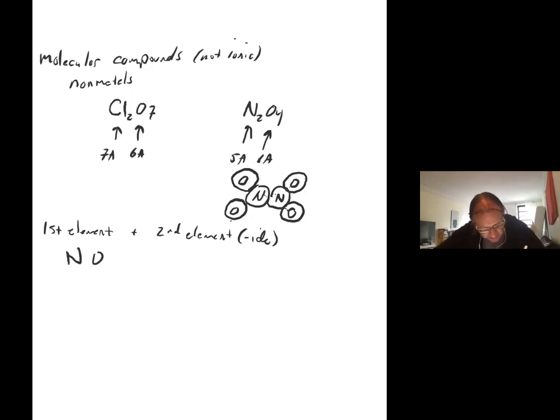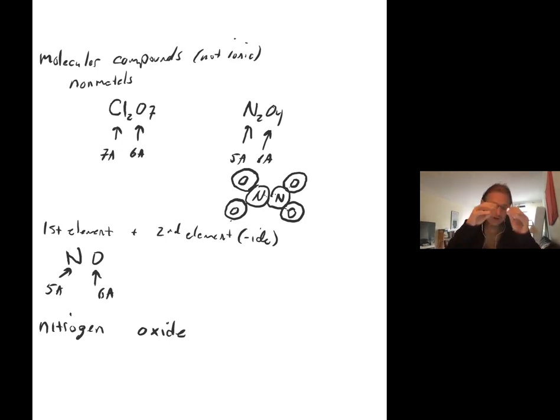This one's in group 5A, so that's a nonmetal. This one's in group 6A, that's a nonmetal. So you name the first element, nitrogen. Okay, that's easy enough. And then you name the second element, but you end it in IDE, so oxygen. I'm sorry, oxide.